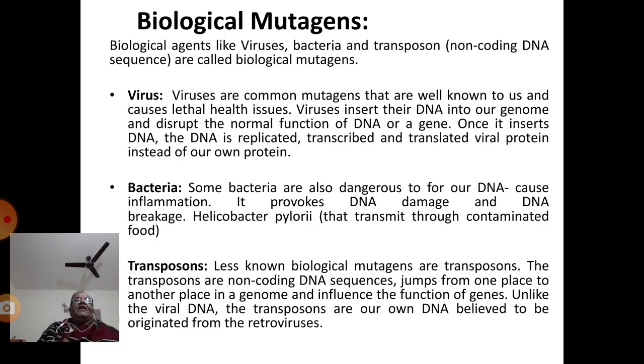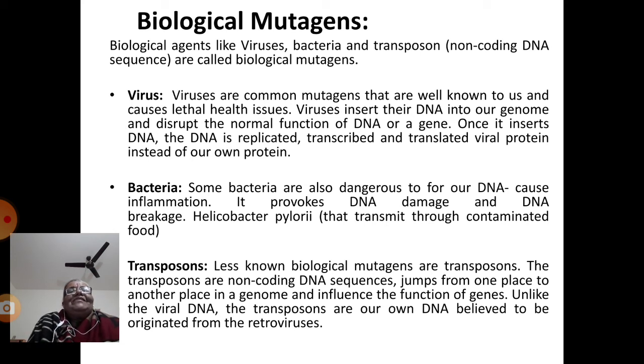So after having studied physical mutagens and chemical mutagens in detail, now it is time for us to talk about biological mutagens like viruses, bacteria and transposons. Viruses are common mutagens known to us, and they cause lethal health issues. Viruses insert their DNA into our genome and disrupt the normal functioning of DNA or a gene.